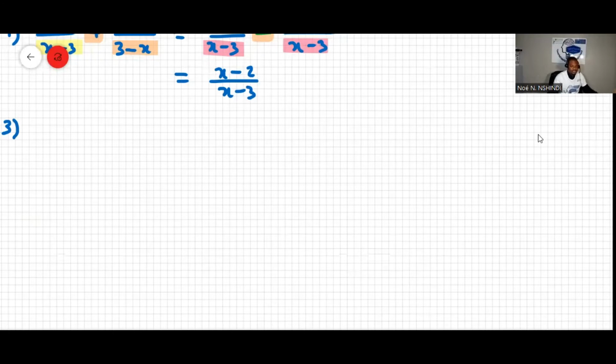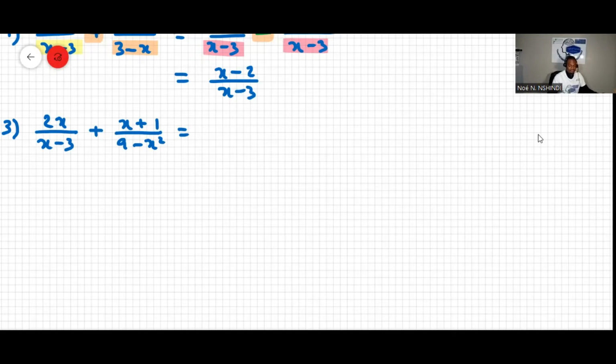So it's 2x over x minus 3, okay, plus x plus 1 over 9 minus x squared. Now we need to make the denominator common.